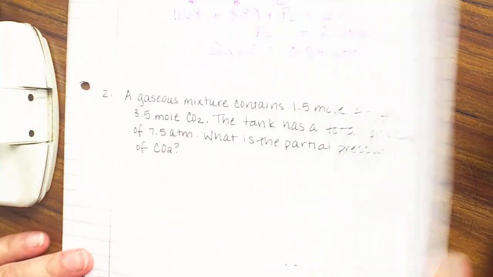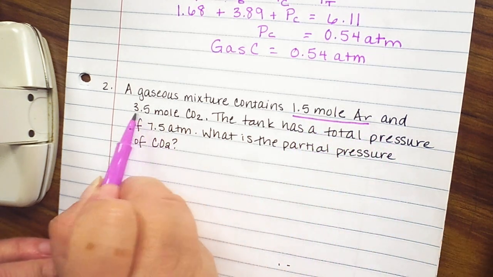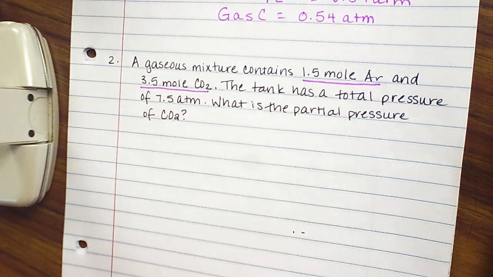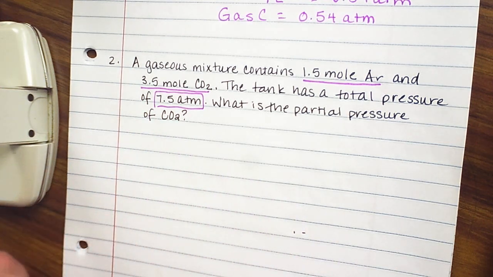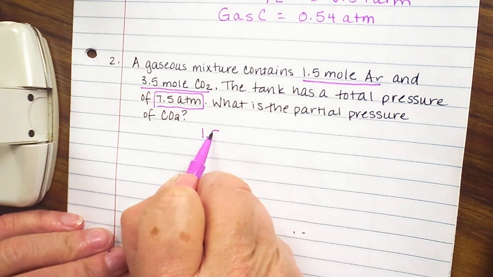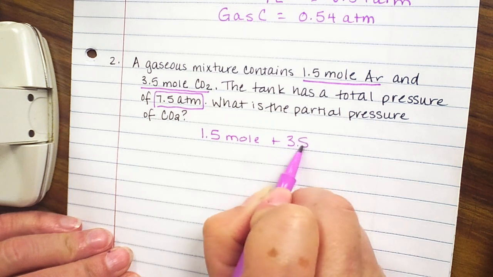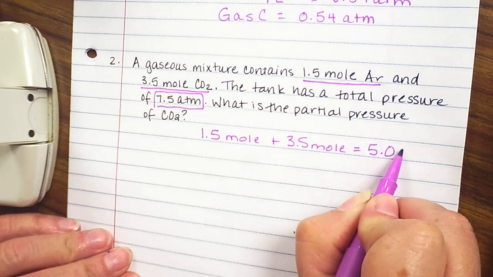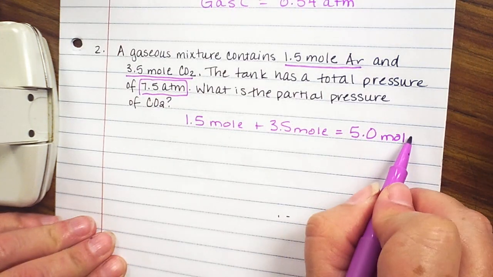Number 2, a gaseous mixture contains 1.5 moles of argon and 3.5 moles of carbon dioxide. The tank has a total pressure of 7.5 atm. What is the partial pressure of carbon dioxide? So 1.5 moles plus 3.5 moles is 5.0 moles total. So that's my total moles.